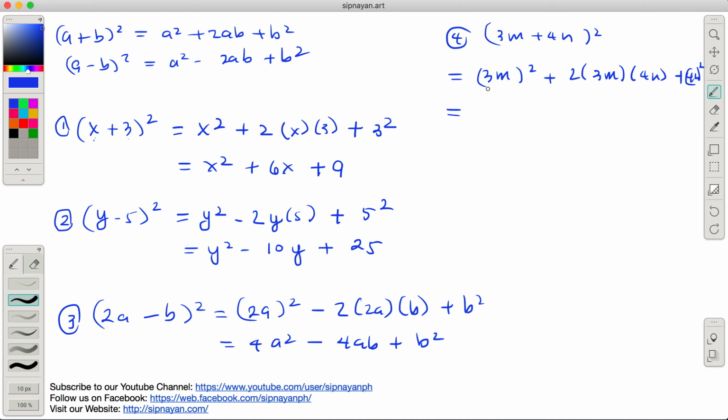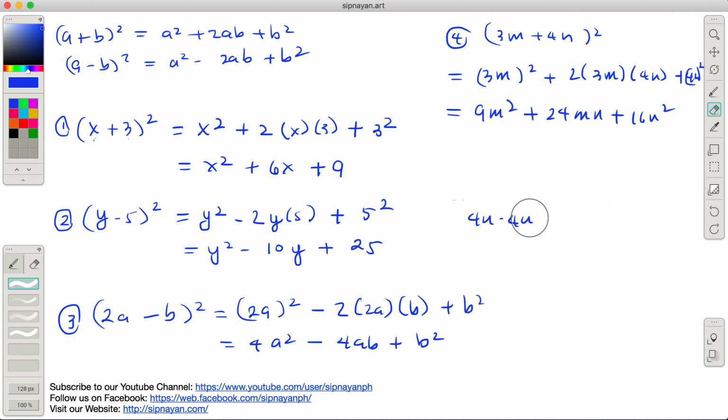So this is equal to (3m) quantity squared, which means 3m times 3m. So 9m squared plus, what is 2 times 3 times 4? 2 times 3 is 6 times 4 is 24 times m times n plus, what is (4n) squared? 4n times 4n. 16n squared.